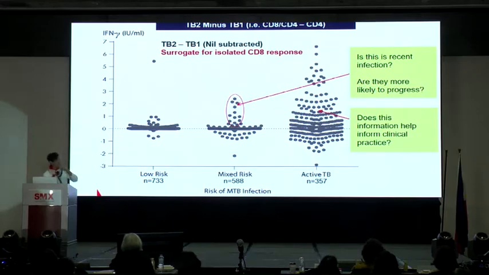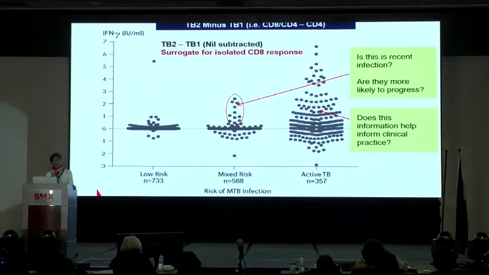But you can imagine when you're on the fence, you have an 18-year-old with maybe a subtle upper lobe infiltrate, maybe a slight cough, not very sick, but you have a very strong QuantiFERON response and a strong CD8 signal. That may drive you to collect sputum or even start treatment, right? So this may be helpful. It's not a claim, just to be frank and upfront with you, but it may be useful.